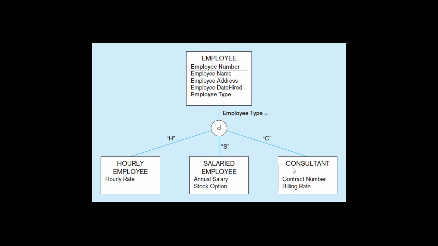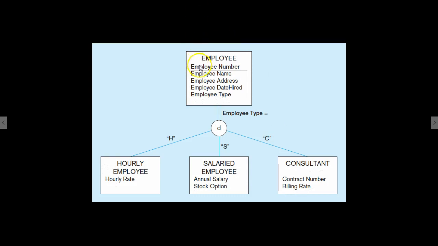Another option is that we can create entities just for the subtypes, and that's certainly an alternative, but again, we have more tables than we probably really need. The third option is to just create one entity that encapsulates all of the attributes for all of those subtypes. That's not too difficult to do.